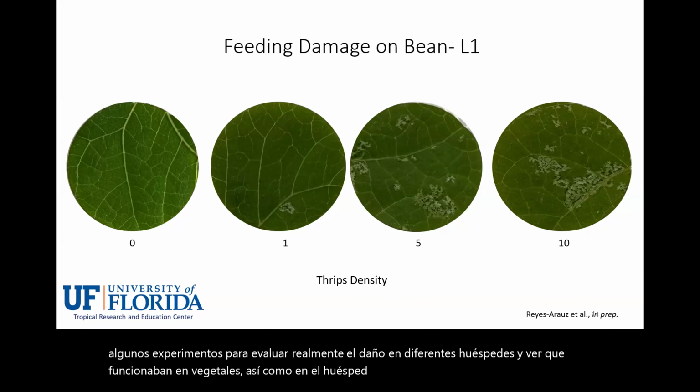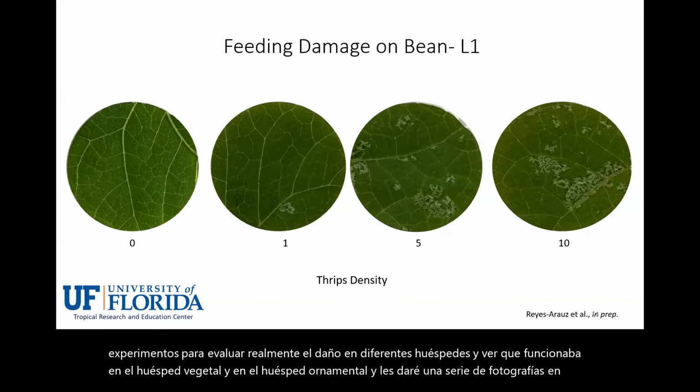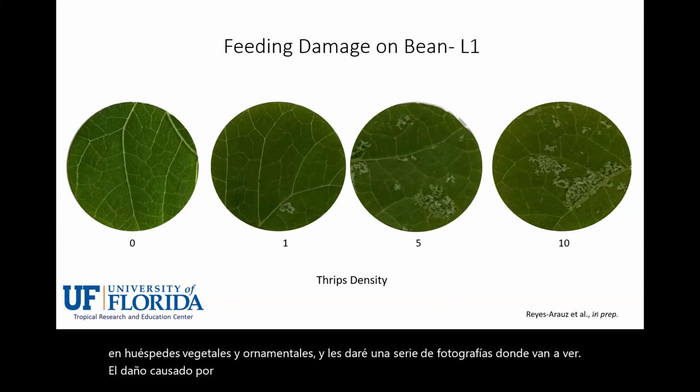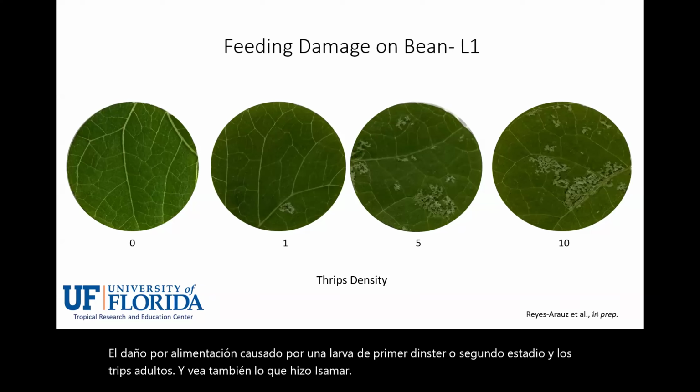And I'm going to give you a series of photographs where you're going to see the feeding damage caused by a first instar or second instar larva and the adult thrips. And Isamar also put different densities of the thrips.